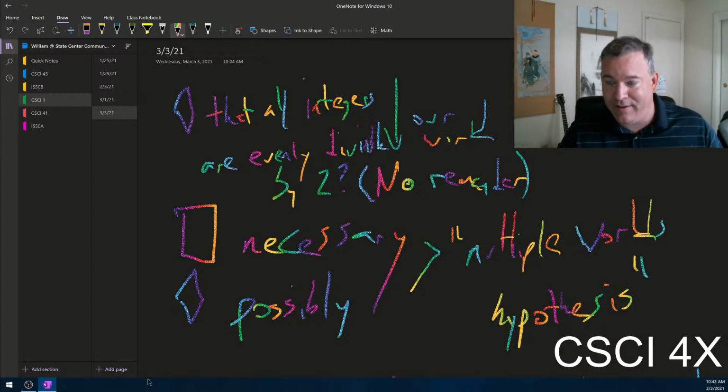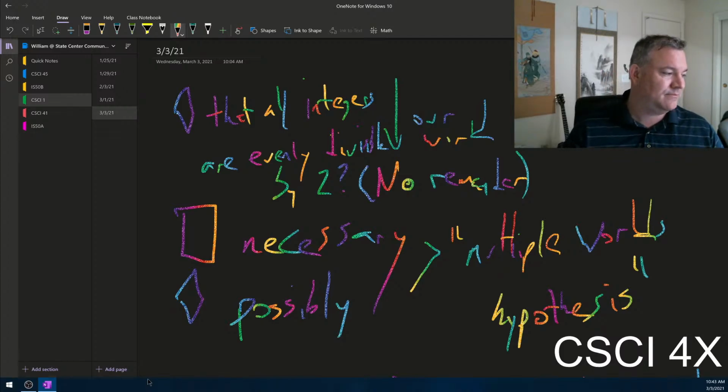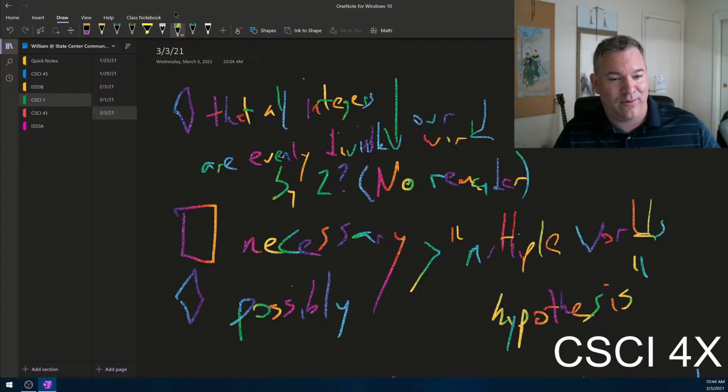But it's not equivalent to for all, right? Is it possible that all integers are evenly divisible by 2? What do you think? Is it possible that all integers are even? It's a weaker claim. Or is it still false? Is it possible that all integers are even integers? Nope, still not possible. So even though some students will think that necessary and for all are the same, they're not.